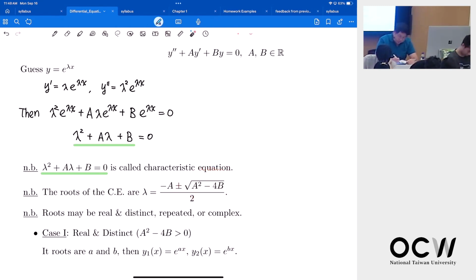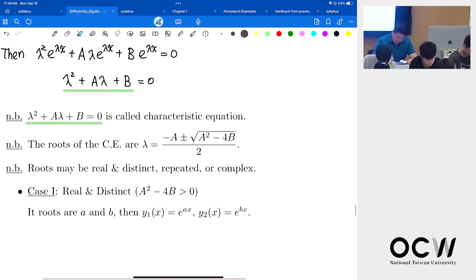So we have three cases: real and distinct, repeated, and complex. Let's see the first one.